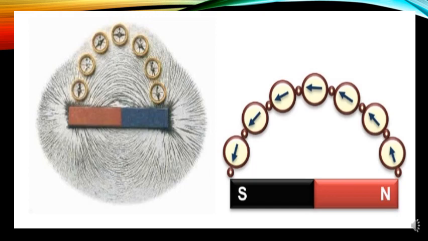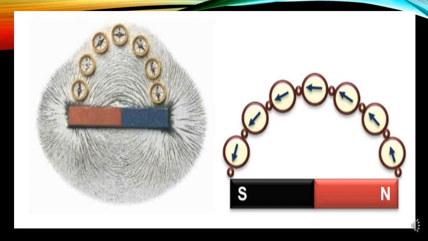The bar magnet exerts a magnetic field all around it. The iron filings experience the force of the magnetic field around it. You can see that clearly in the diagram. You can also see the pattern of iron filings. The force of the magnetic field of the bar magnet makes the iron filings arrange themselves in a particular pattern.